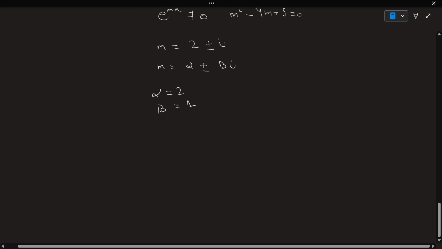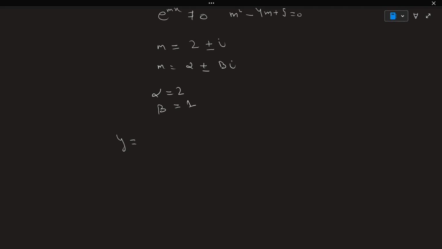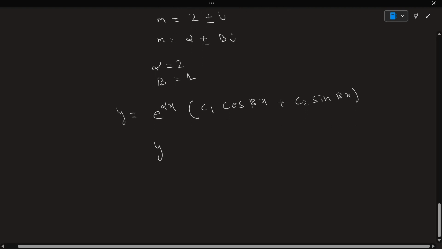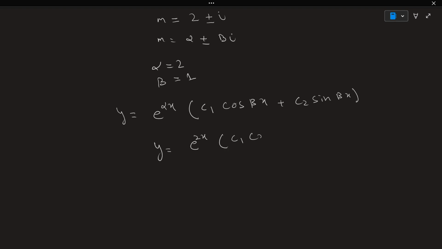So the solution in this case, where we have complex roots for our differential equation, is of the form y is equal to e raised to power alpha x into c1 cos beta x plus c2 sin beta x. So for this equation and for these roots, our solution will become y is equal to e raised to power 2x into c1 cos x plus c2 sin x.